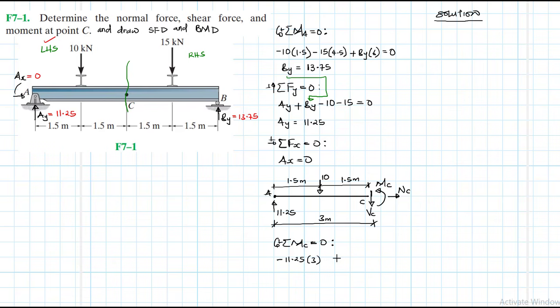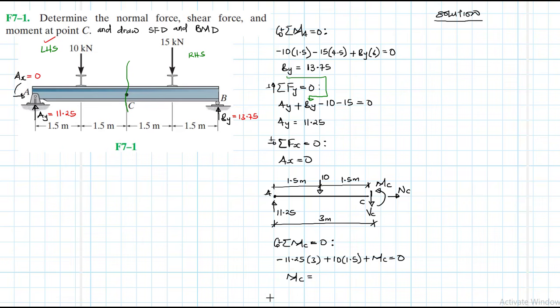Okay, and then we have a 10 which is giving us a positive, which is a 10 by 1.5, and then that's it, and then plus the actual moment that we are looking for equal to 0, and therefore our MC is just going to be equal to, let's calculate, minus 11.25 times 3 plus 10 times 1.5.